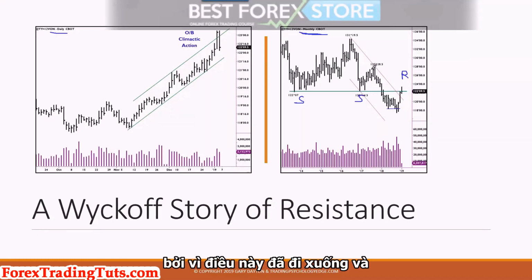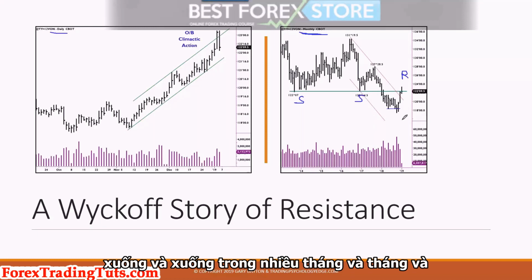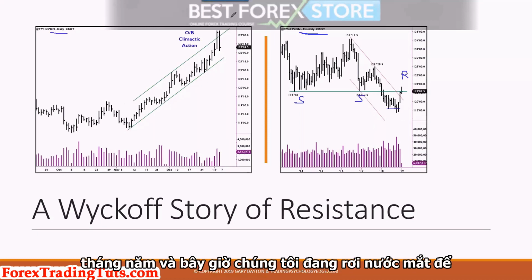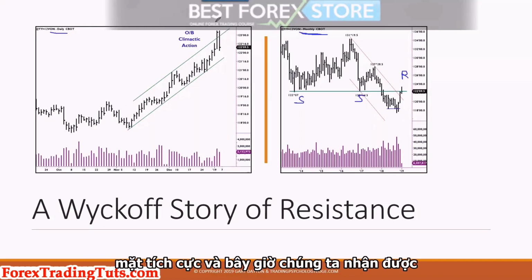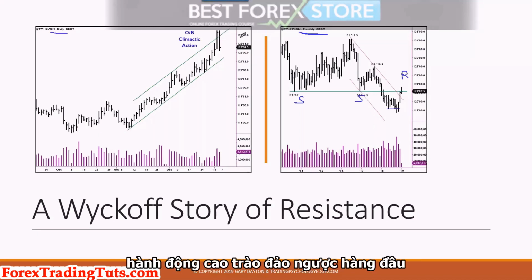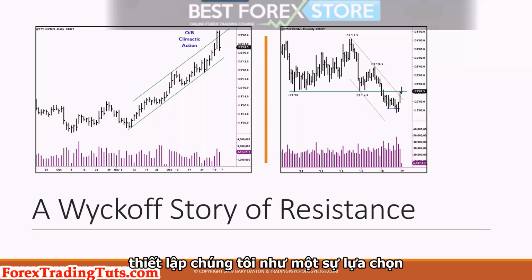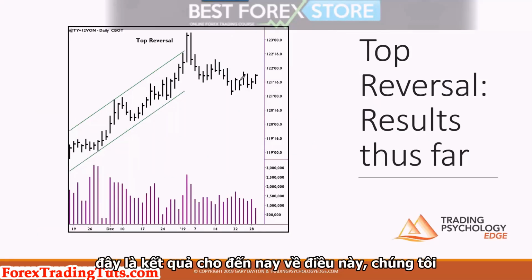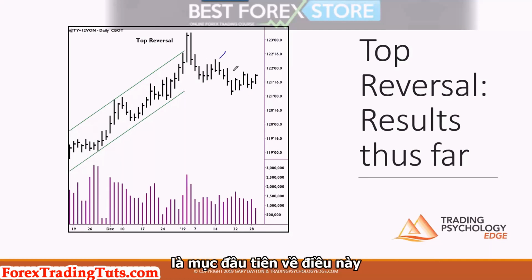Because this has been coming down and down and down for months and months and months, years, and now we're on a tear to the upside, and now we get this top reversal, climactic action in here, in the higher time frame resistance. That sets us up as a choice top reversal, okay? And this is the result so far on this. We haven't made a trade. Here would have been the first entry on this.